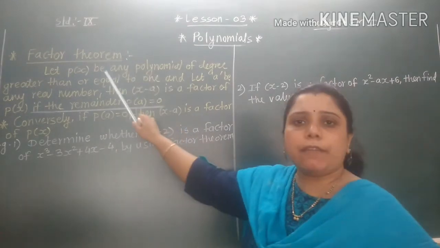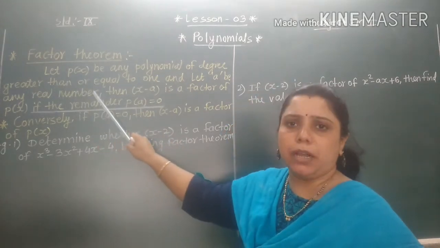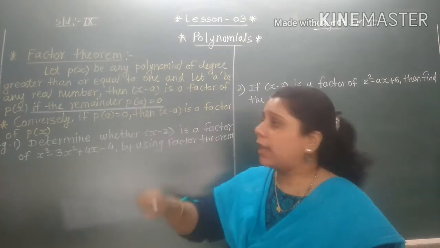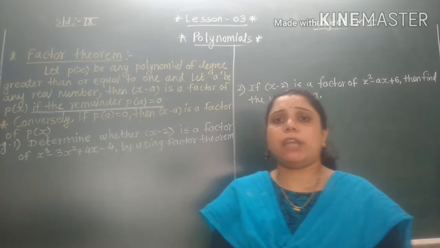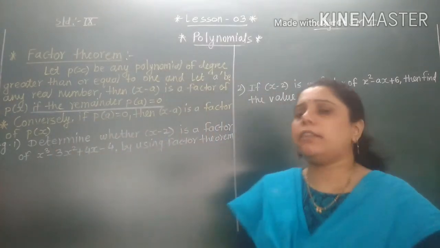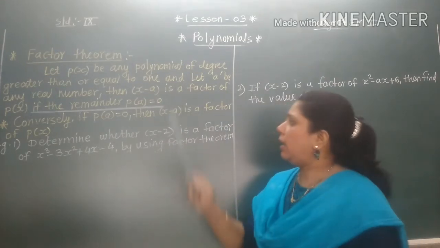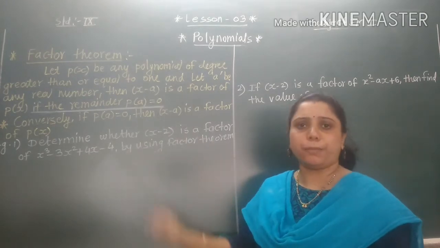The given polynomial is in x, and a is any real number. If you replace x by a, whichever value of the polynomial you get, that value should be 0. Then and only then x minus a is a factor of the given polynomial.